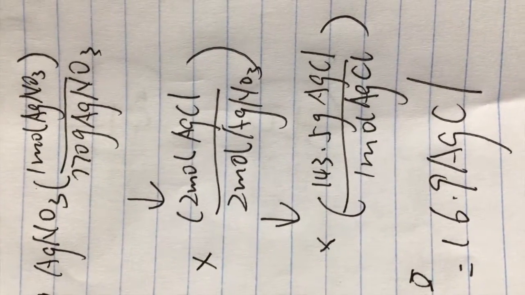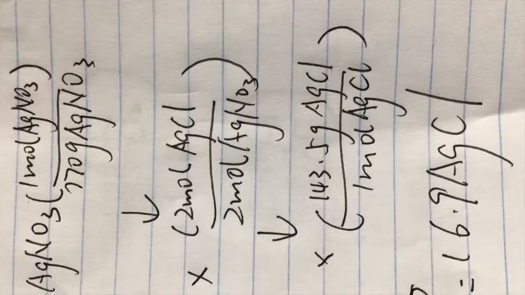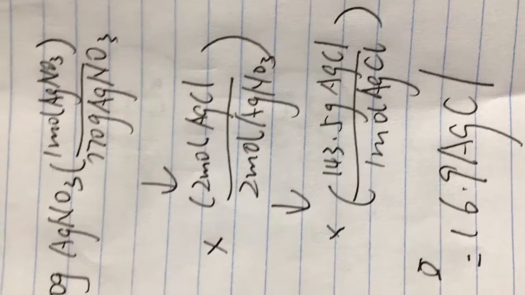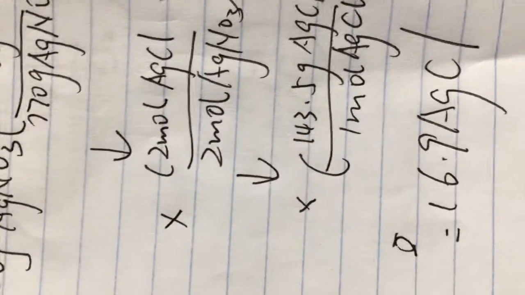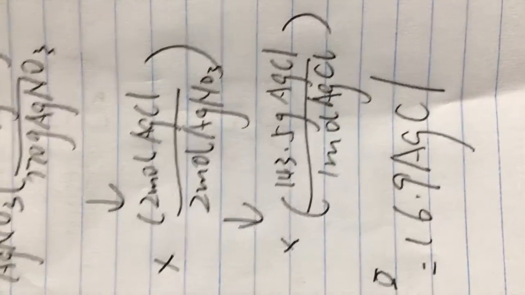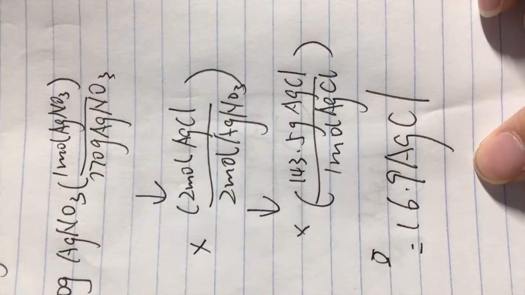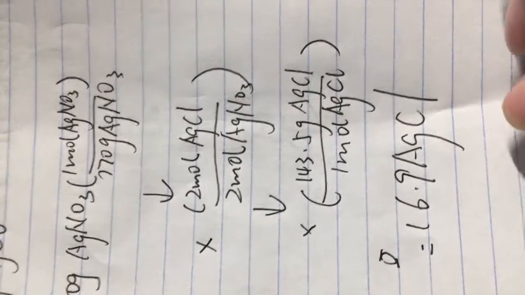And then we use the molar mass of HCl times the moles of HCl, so we can know the mass of the product. So this is 16.9, the mass of the HCl.